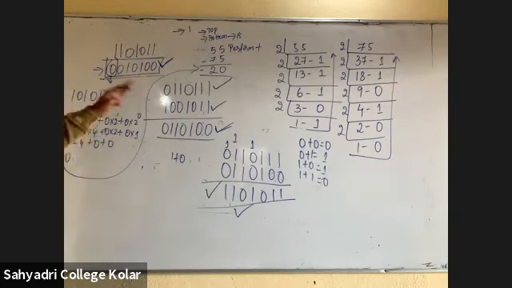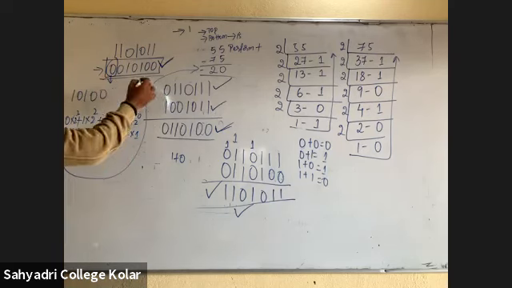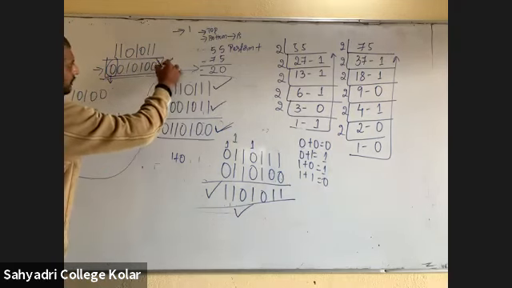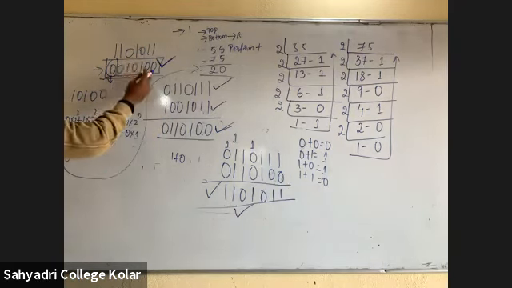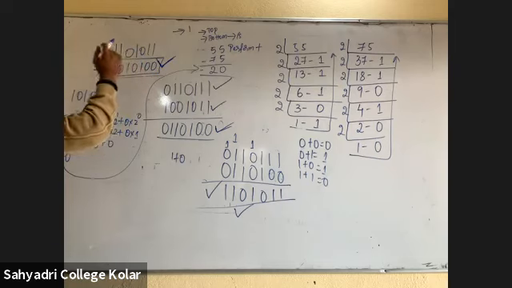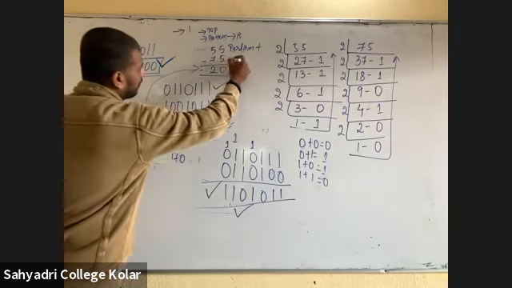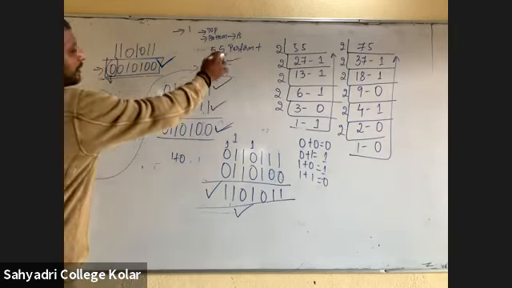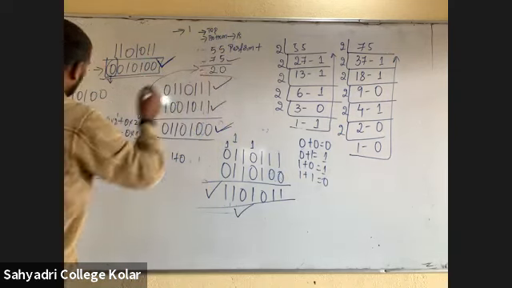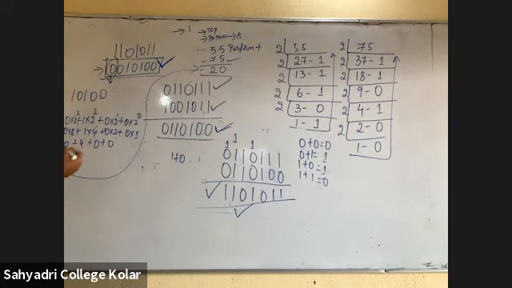So to check or to verify the result, what you need to do is you need to take this particular result and convert that particular result from the binary form to decimal form, and you can just perform the decimal subtraction and you can cross verify whether both the results are same.